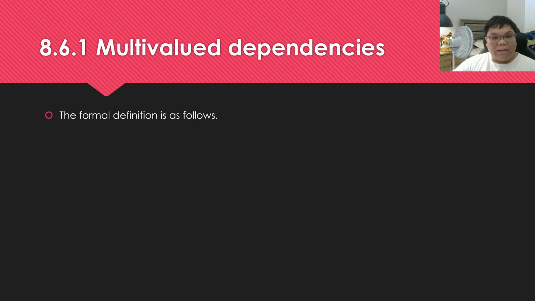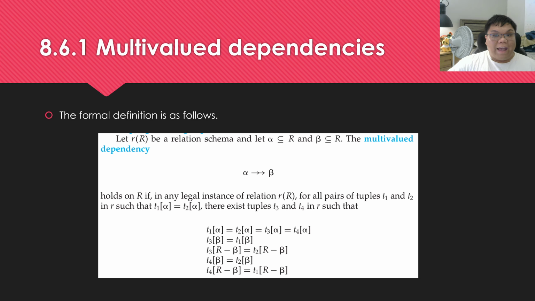So here is the formal definition of a multi-valued dependency. Whoa, what's that? Let R be a relation schema and alpha and beta be subsets of R. The multi-valued dependency alpha double arrow beta holds on R if in any legal instance for R, for all pairs of tuples T1 and T2 in R, such that T1 alpha equals T2 alpha, there exist two more tuples such that T1 alpha equals T2 alpha equals T3 alpha equals T4 alpha, T1 beta equals T3 beta.